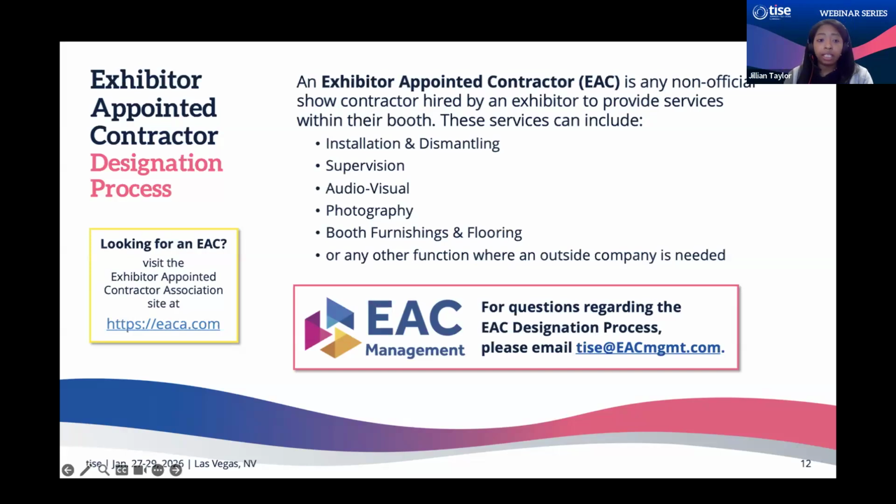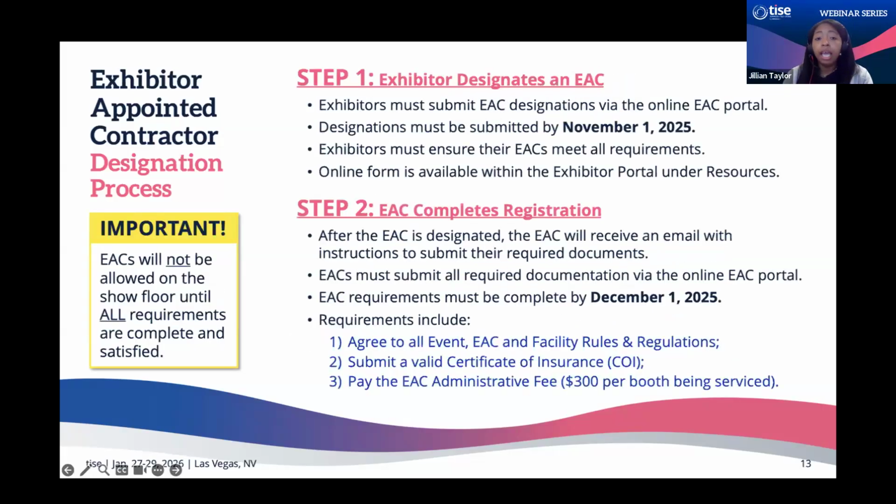If you're looking for an EAC, you can go to the Exhibitor Appointed Contractors Association at eaca.com. And for any questions on the EAC process, we do have a dedicated team at tise@eacmanagement.com. Next slide.